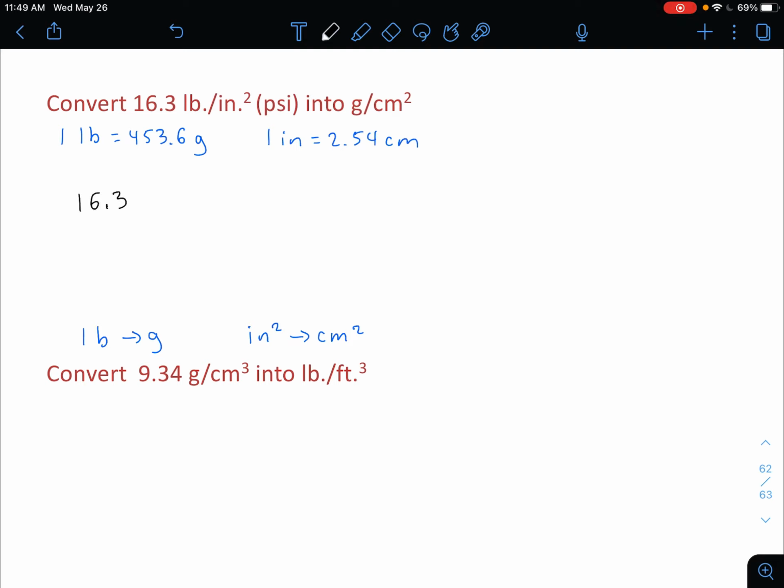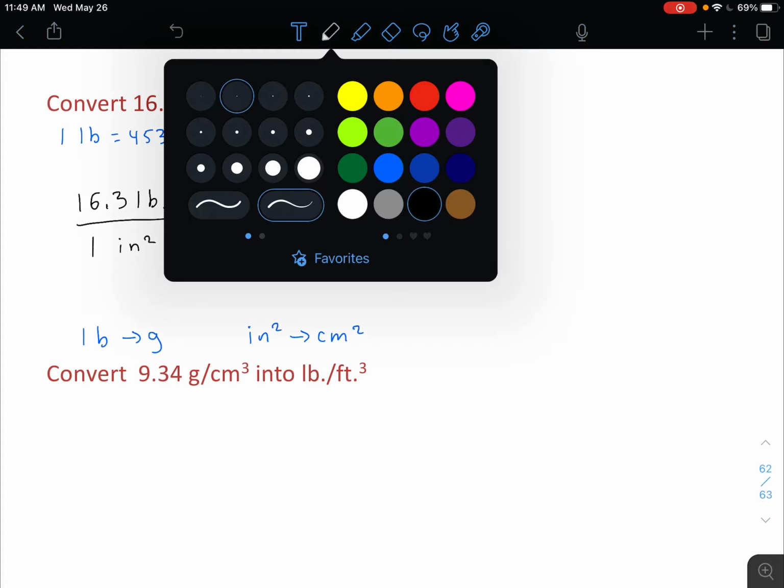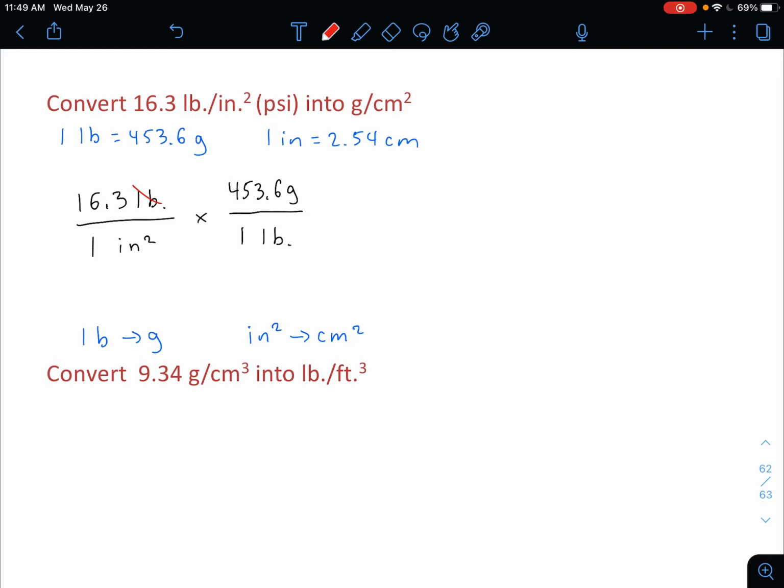Okay, so what do we have? 16.3 pounds per 1 inch squared. So looking at my information on problem set 1, I got my conversion factor, so we'll do that first. We want to get out of pounds and into grams. So grams in the numerator, pounds in the denominator. So these cancel and I'm in grams.